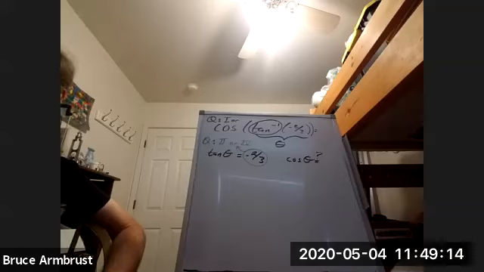Unfortunately, that's not correct. Think about the restriction that we had to put in place for tangent to make the inverse work. It's from minus pi over 2 to pi over 2. Does that help you? Which other quadrant?